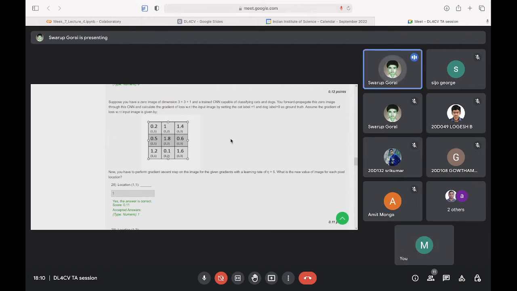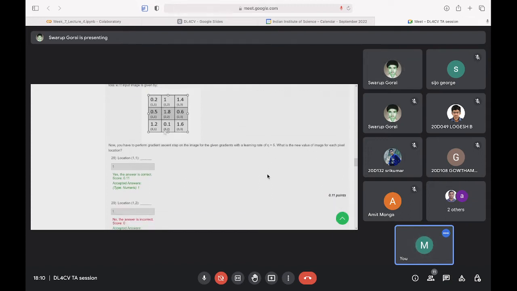Yeah, again, this is a learning rate. Okay. So ma'am, can you please solve? So eta is 5, right? So at location 1, 5 into 0.2 is 1. Can you go down? Location 1 comma 2. At location 1 comma 2, it will be 5 into 1.